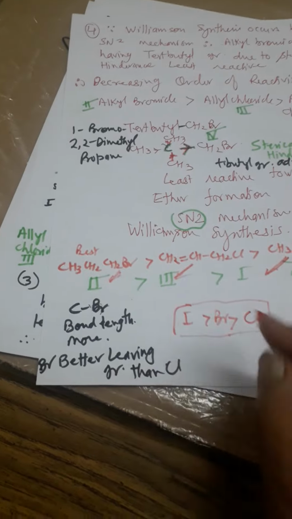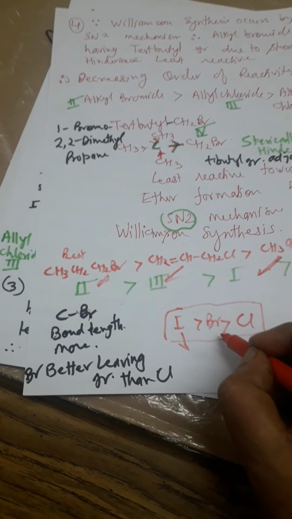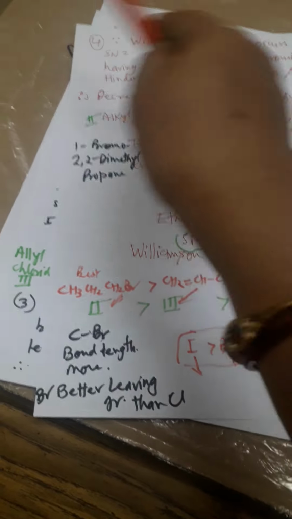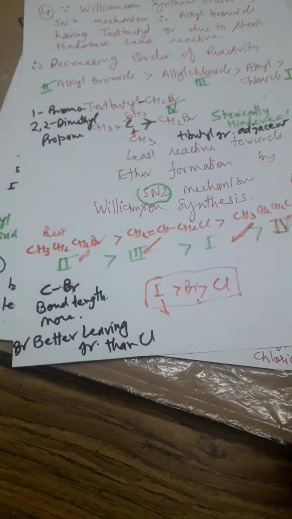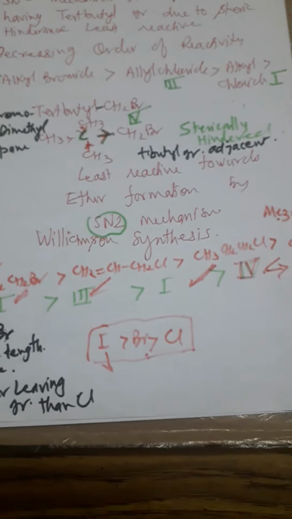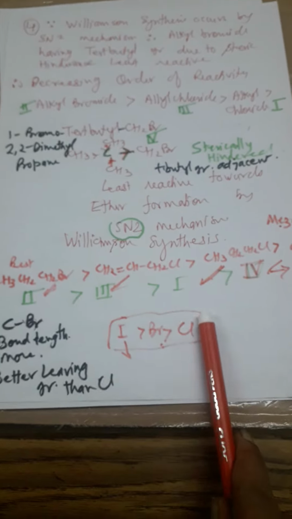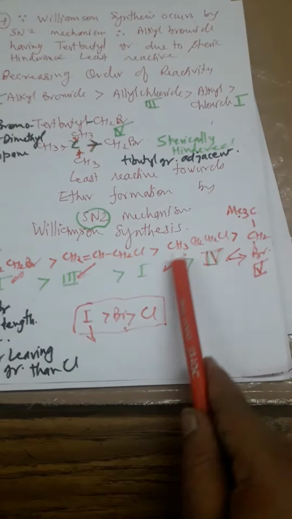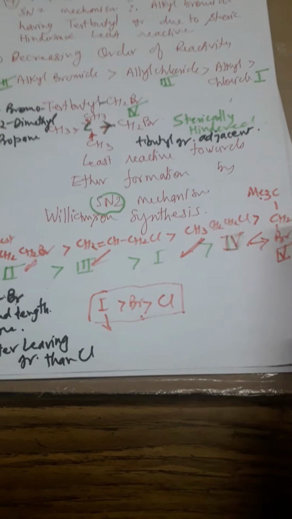If somewhere it is alkyl iodide, then it will take the first ranking, because I will do ether formation first. But here we have not asked this. We have given bromo, so we are discussing the bromo and chloro groups as well as the allyl group and the tert-butyl containing compound.